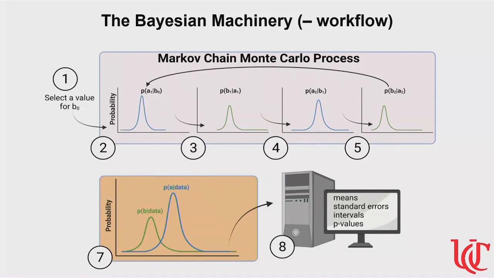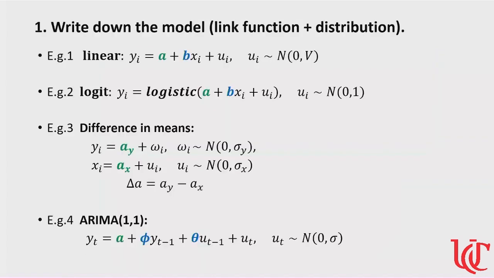And under remarkably general conditions, that converges to draws from the distribution for B, given just the data, and the distribution for A given just the data. Excuse me. So we get those Monte Carlo samples. It's not the data sample. It draws from these posterior distributions and you just do summary statistics on it. Right? Standard stuff. Okay, so here's my workflow.